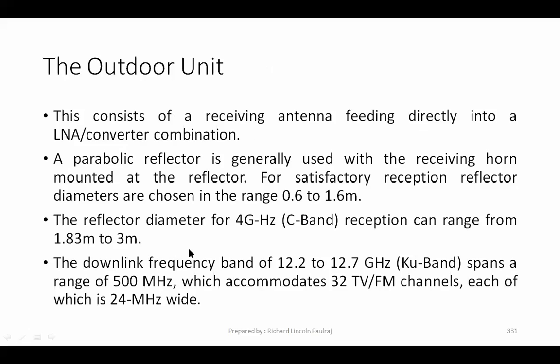diameters of these antennas, okay, and then the downlink frequency band, which ranges from 12.2 to about 12.7, okay. So this comes under the KU band, right, and this is having the range of about 500 megahertz, okay.